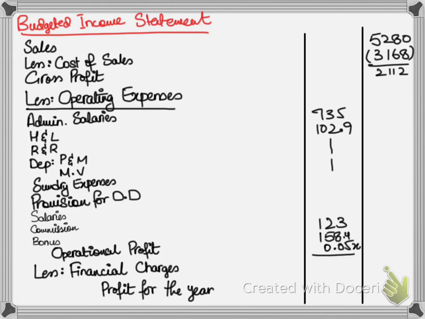And then you get your operational profit. Operational profit is still unknown, and from the operational profit you subtract the loan interest of 10 as financial charges, and you get X. So basically X is your profit for the year, and we still have to find the bonus. I've already done the math over here.